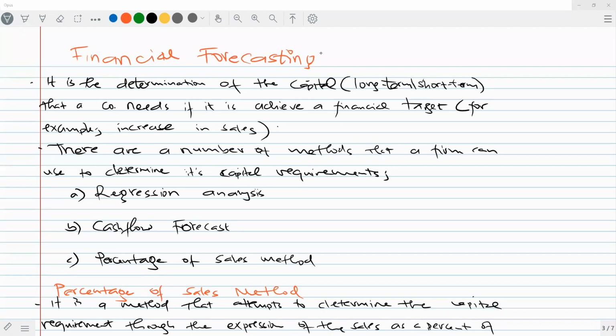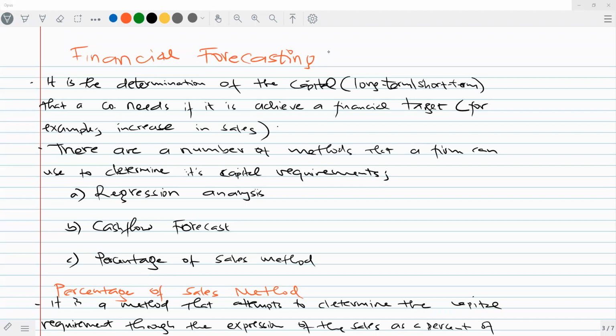We said that conventionally, you can use a number of methods when it comes to assessing or trying to forecast the company's financial needs. One of them is the use of regression analysis.